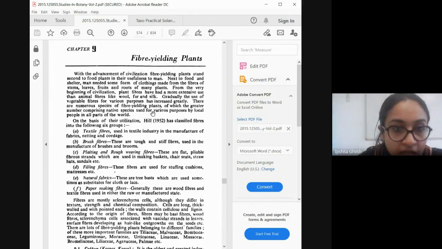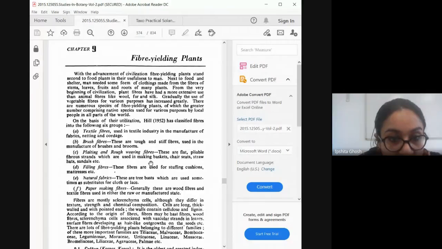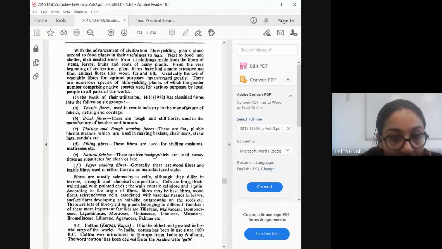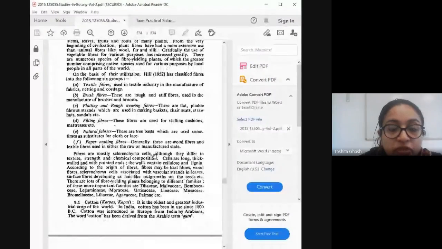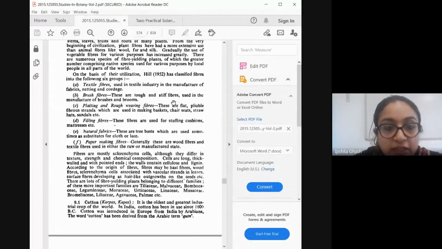So what about the fiber? We are going to study fiber yielding plants. In our syllabus, we just have cotton and jute, so we will not be doing others. On the basis of utilization, this is just for your knowledge, Hill in the year 1952 classified fibers into textile fibers, brush fibers, plaiting and rough weaving fibers, filling fibers, natural fabrics, and paper making fibers.